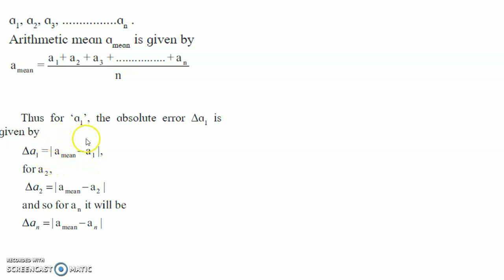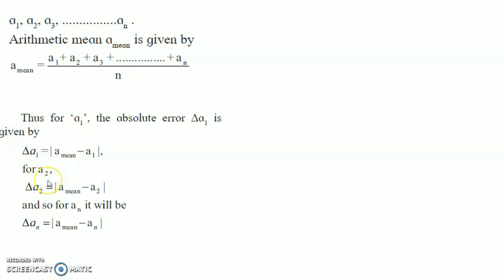So this much is the difference between the most probable value and the first value, the most probable reading and the first reading. This difference is called the absolute error for the first reading, that is A1.